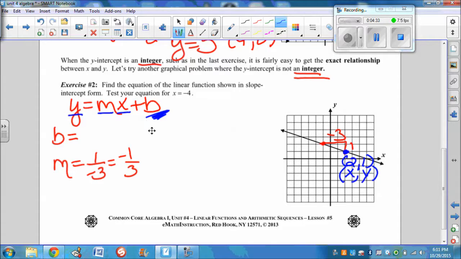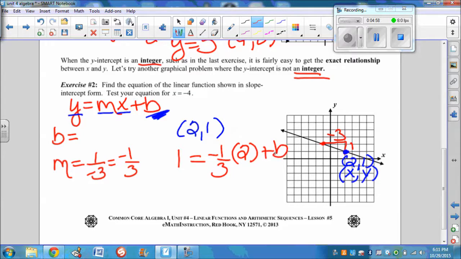We found an x. That leaves us with one unknown in our equation, which is what we're looking for. So if I pick that point (2, 1), now I'm going to put it back into my y equals mx plus b. So y is 1 equals, the slope is -1/3, the x that we just used is plus 2, and then plus b.